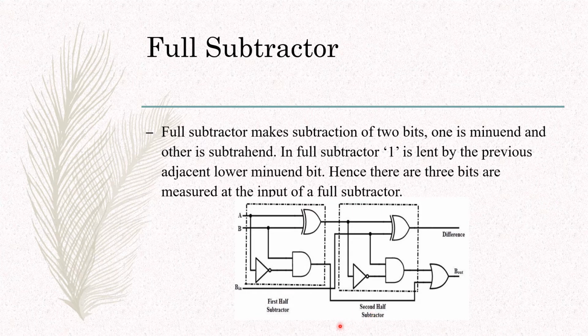Here you can observe a logic gate diagram for the full subtractor. It is nothing but the combination of two half subtractors. This is one half subtractor and this is the other one. The two half subtractors are combined and joined with an OR gate which gives the borrow output, and the difference output is given by the second XOR gate.